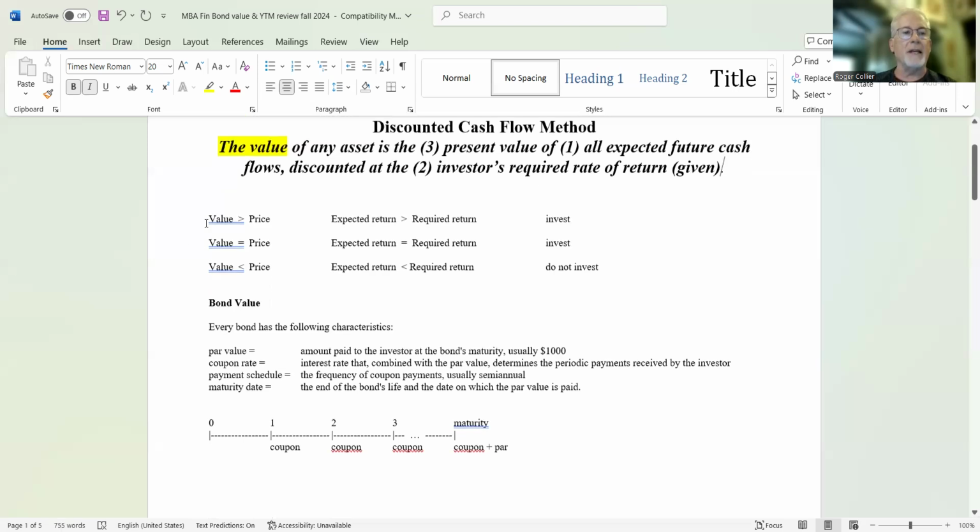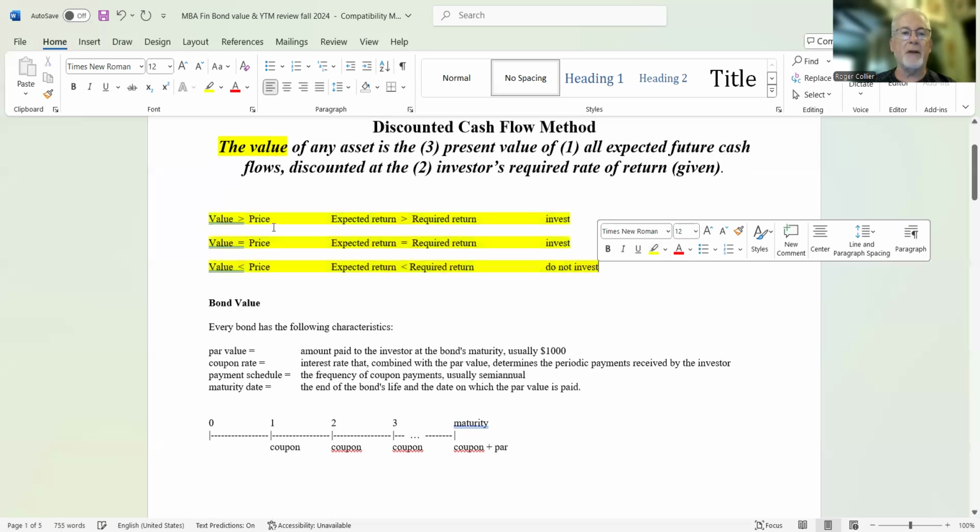All right, as I said a second ago, the way we're going to make these investment decisions is by comparing value to price and at the same time comparing expected return to required return. They are two ways of saying the same thing. We're essentially making both comparisons at the same time.